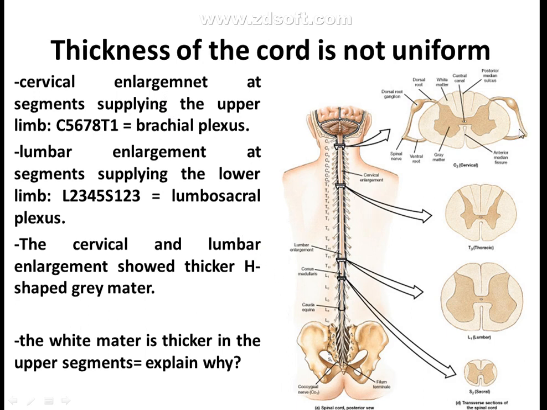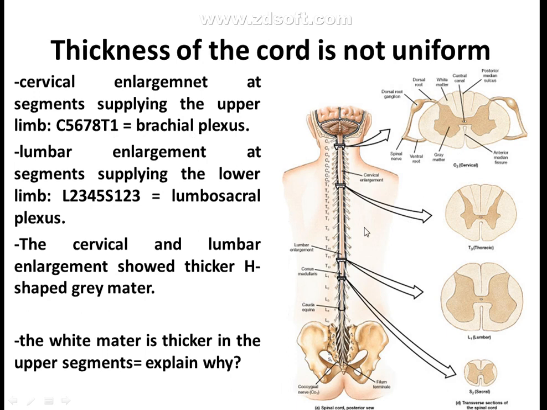And if you consider the transverse section of the spinal cord, you may expect that the change in the thickness of the spinal cord must be due to a difference either in the H-shaped gray matter or in the white matter surrounding the H-shaped gray matter, or maybe both of them, logically.